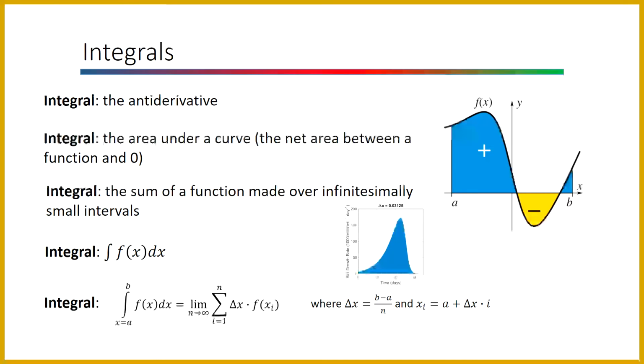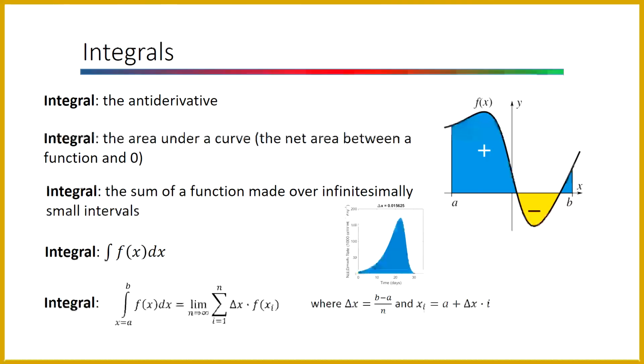Next we have the mathematical notation for an integral. It has the little integral symbol, followed by the function we are integrating over, and then dx, which indicates we are integrating our function over infinitesimally small changes in x. It may seem like it's unnecessary to add this little dx, but it's actually really important, because in the same way that we learned that we can use partial derivatives to take derivatives of functions that have multiple variables, we can also take integrals of functions that have multiple variables.